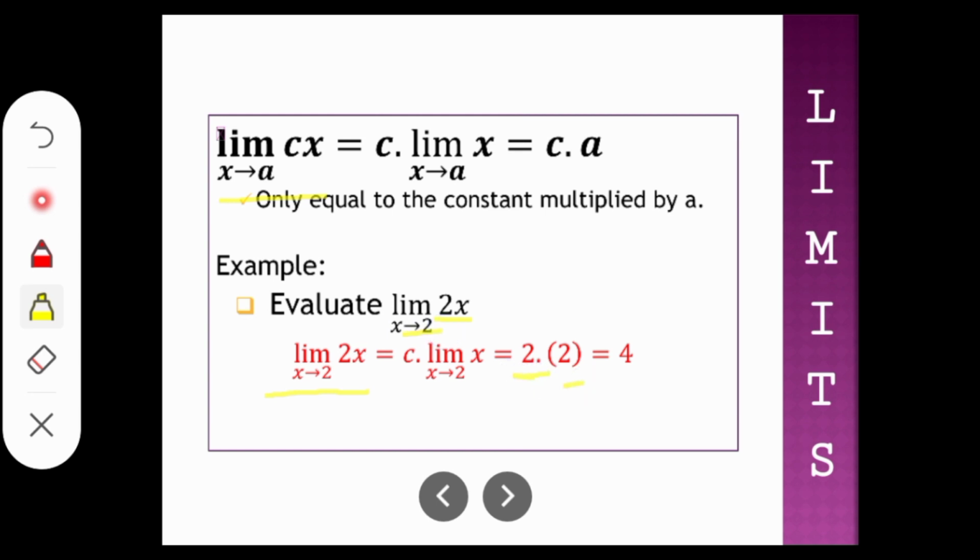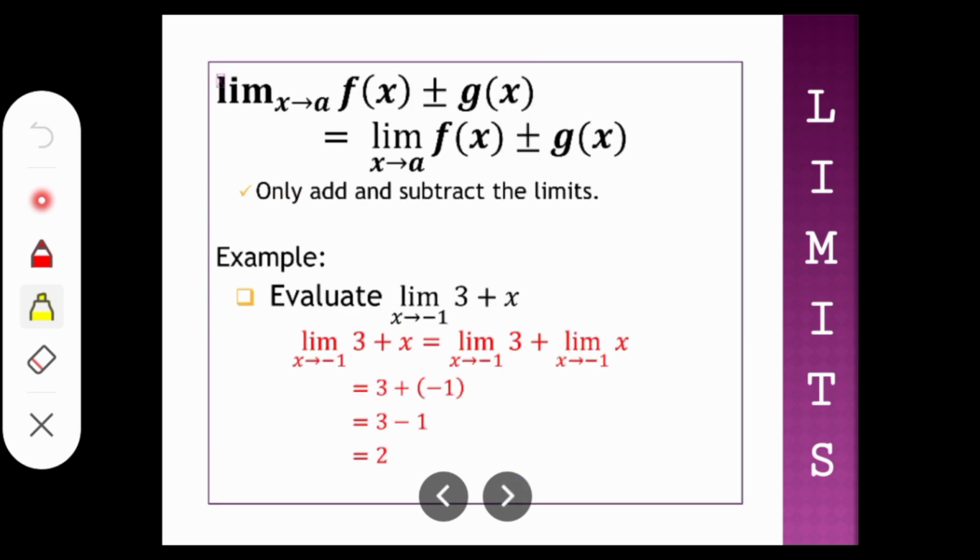This is our constant and this is our real number. Multiplying 2 times 2, we come up with the answer of 4. That is our property number 3 on how to solve it: the result is the constant multiplied by a.